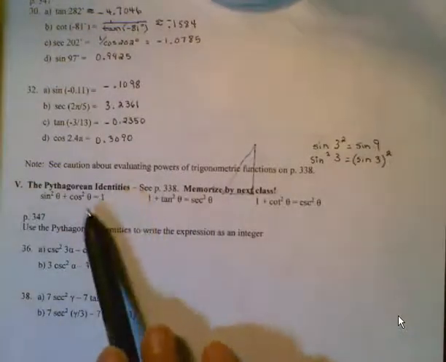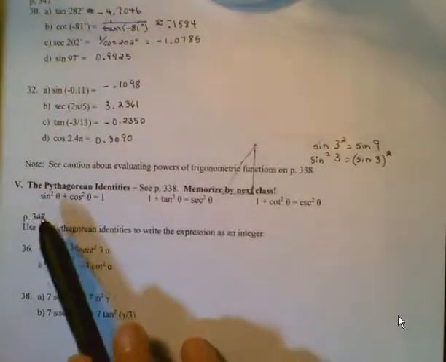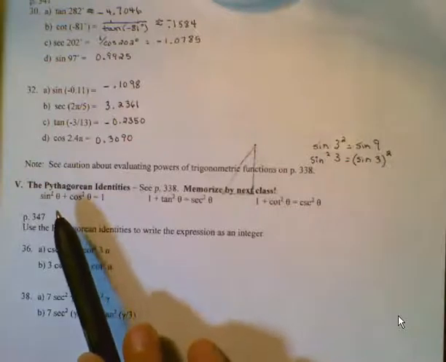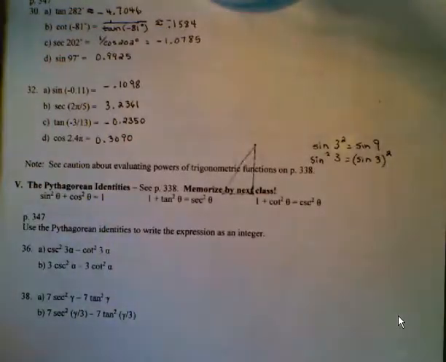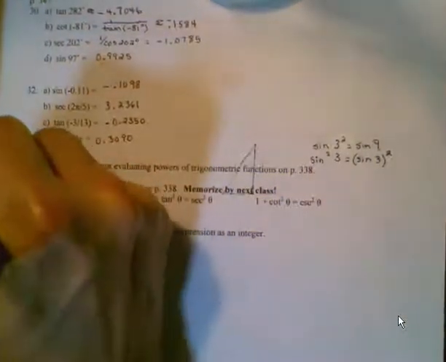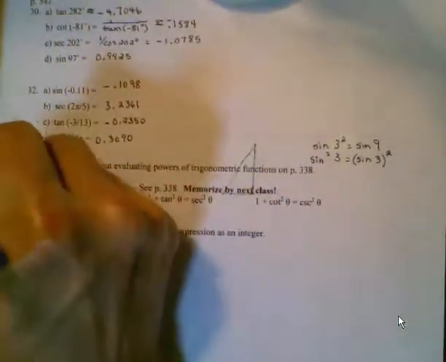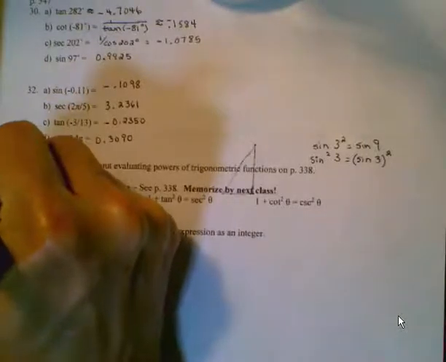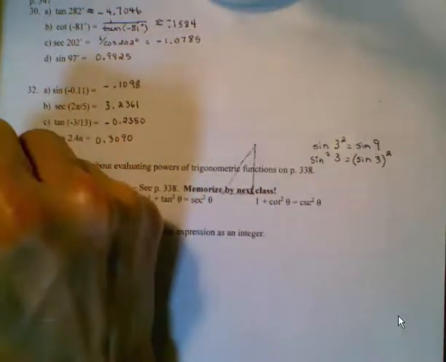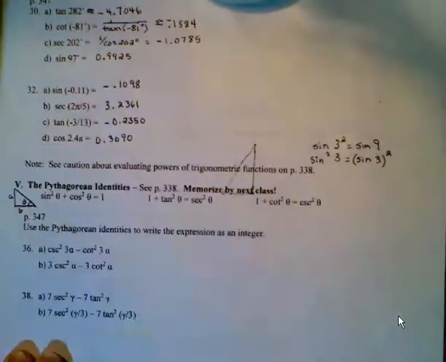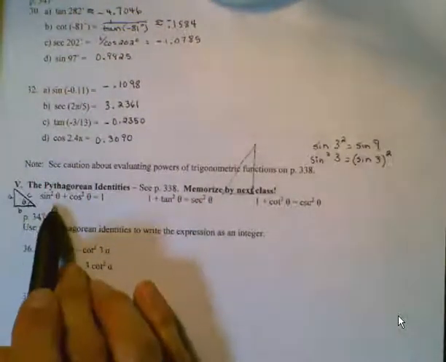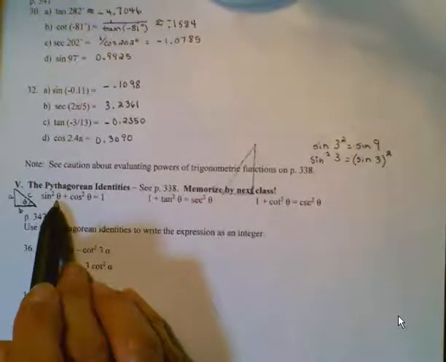The biggest Pythagorean identity of all is sine squared plus cosine squared equals 1. Or I should say sine squared theta plus cosine squared theta equals 1. It's easy to see why that is if you just draw a little triangle, label one of the acute angles theta, and then label the sides, the legs, length A and B, hypotenuse of length C, and then write down what you get for sine squared theta.